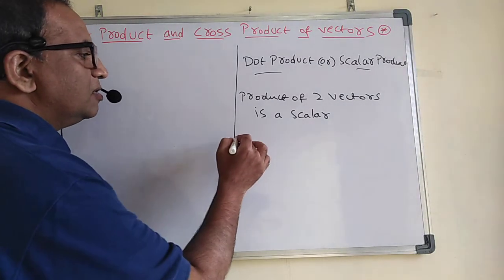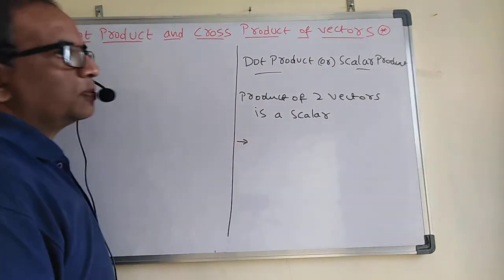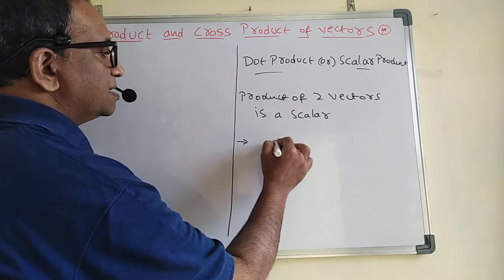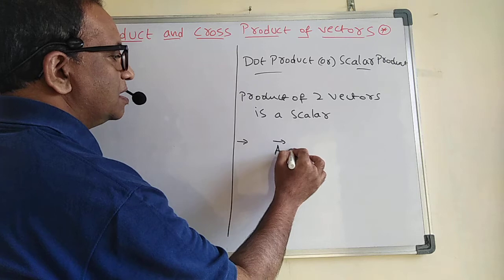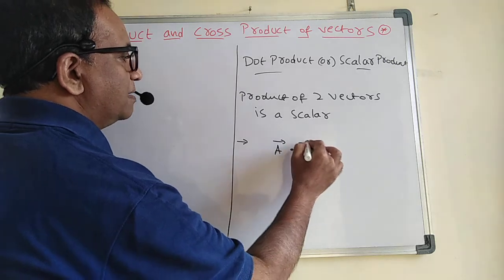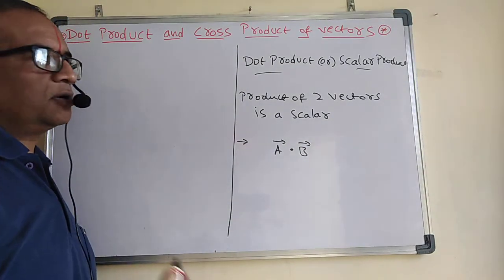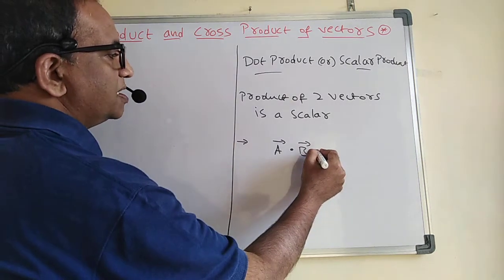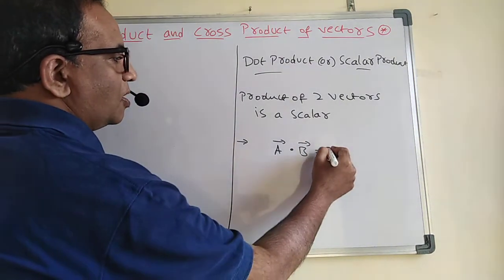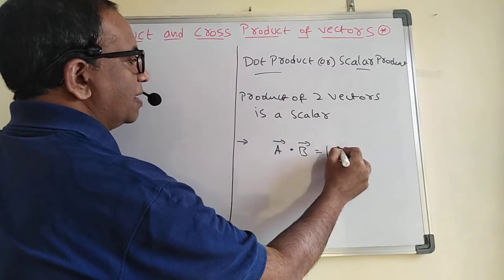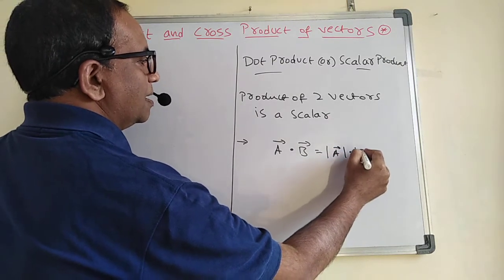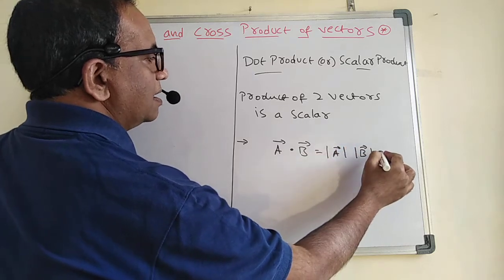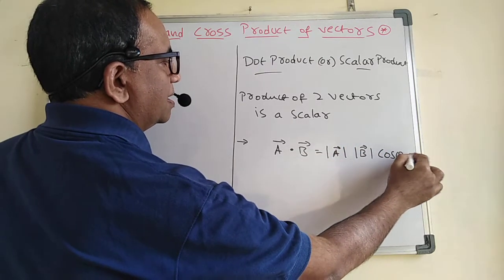So how can you define the dot product? Suppose I multiply two vectors, represented as A dot B. The dot product is defined as the product of the magnitudes of the two vectors and the cosine of the angle between them.